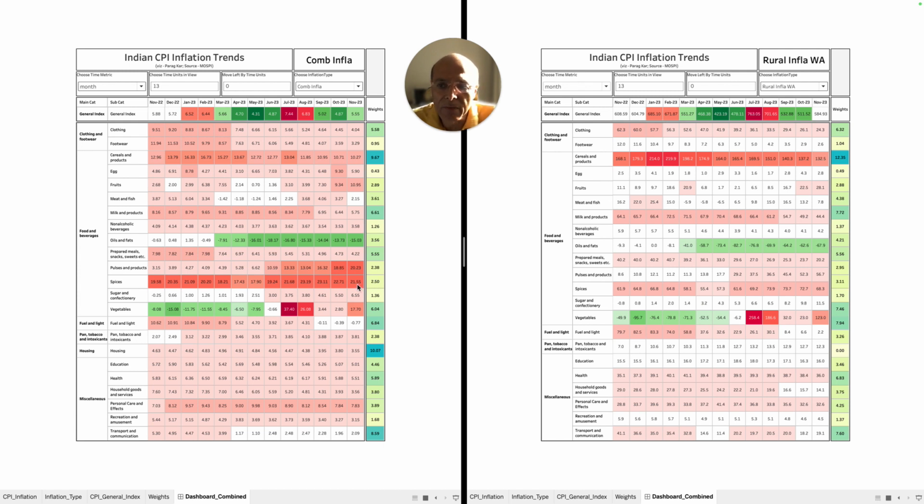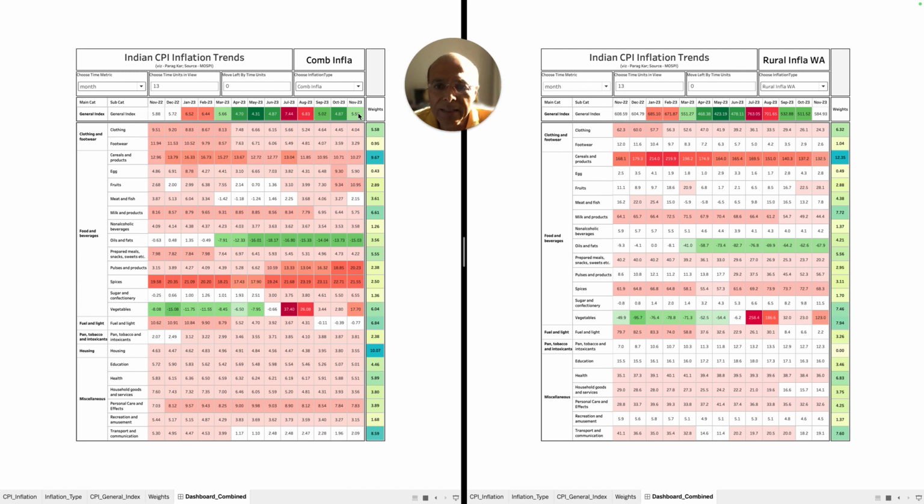For example, spices inflation is very high at 21.55%, but the weight is only 2.5% of the overall general index, and therefore this inflation may not be very significant to the overall inflation. So it does not give a very clear and definitive perception of how this item is affecting the overall index.